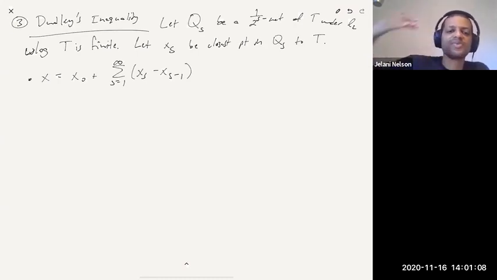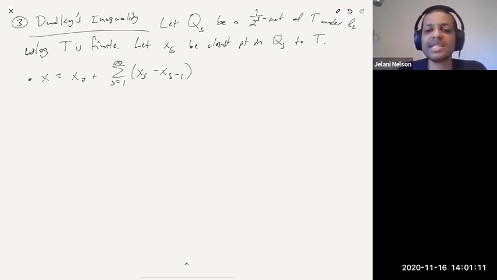So it's going to be x3, then x4, then x5. Basically that's because T is finite. At some point Qs is just T. Once 1 over 2 to the s is smaller than the smallest intra-set distance, we're basically forced to set Qs to be T. So at some point there is an s star such that once s is at least s star, xs has to equal x.